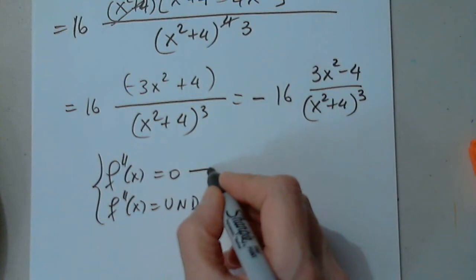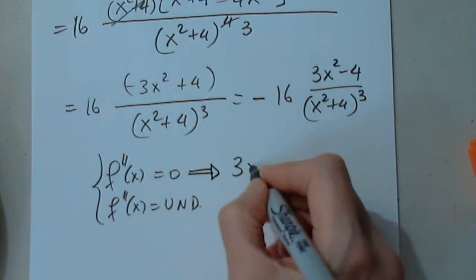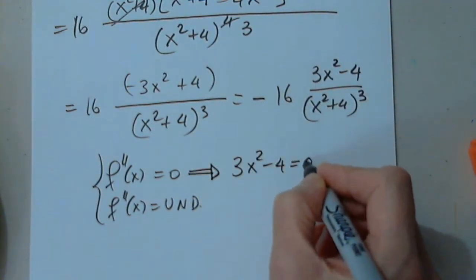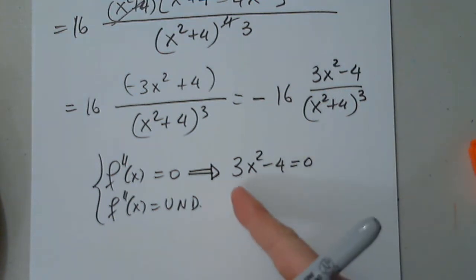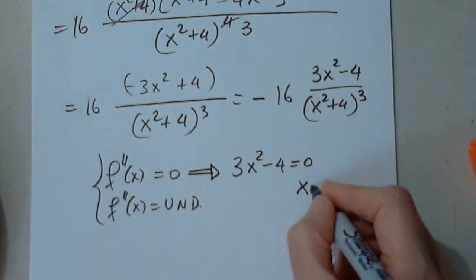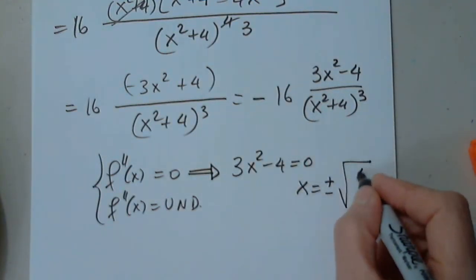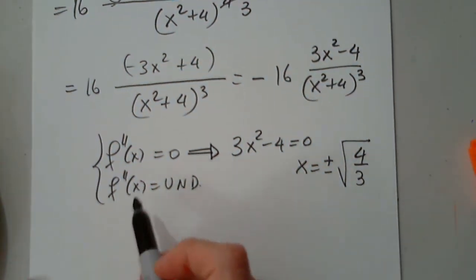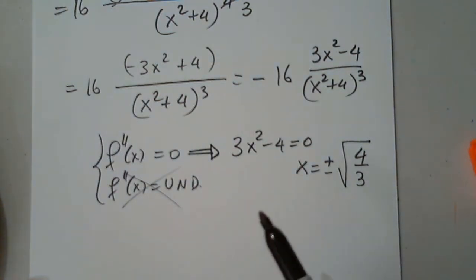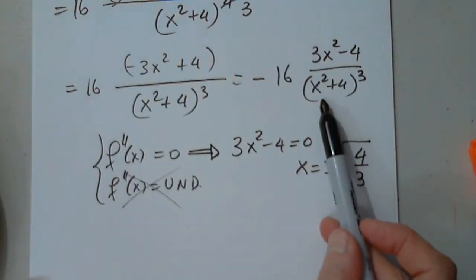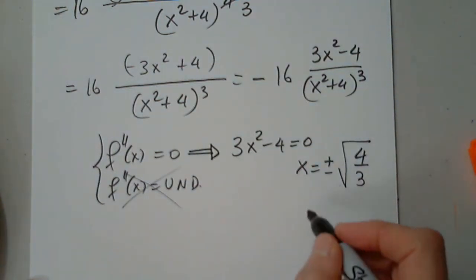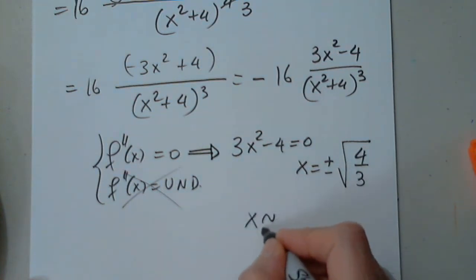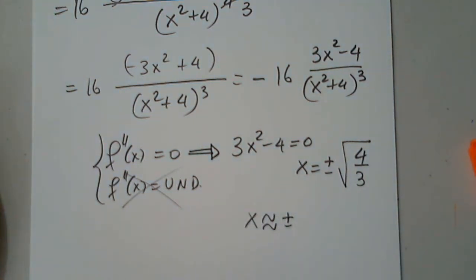I know you're going to say here, just write 3x squared minus 4 equals 0. Move forward, divide by 3, take the square root, right? So x equals plus or minus the square root of 4/3. Ugly, but that's what it is. And I know you're going to say no, because this is never 0. I have to approximate these two values, plus or minus what?